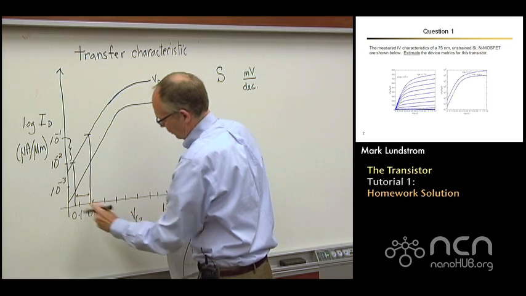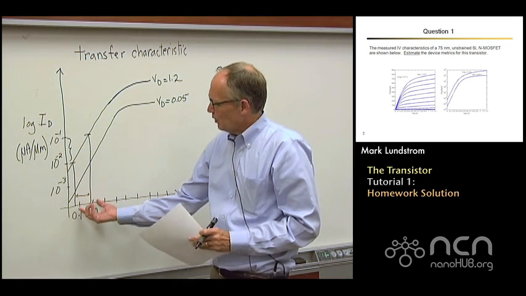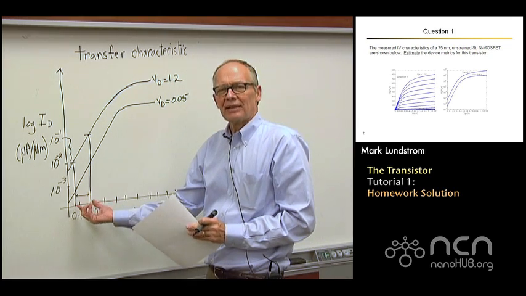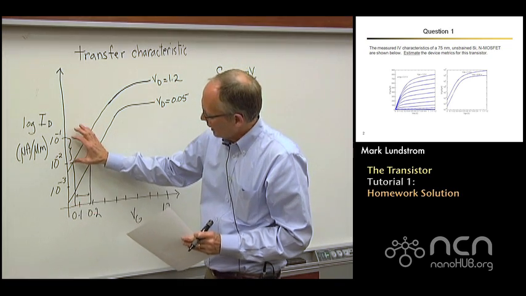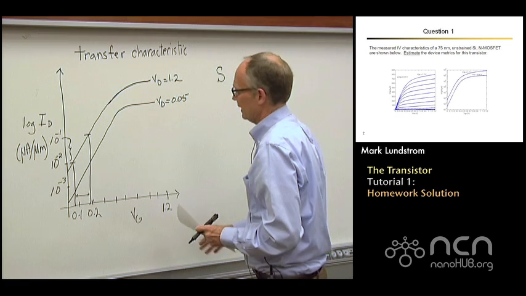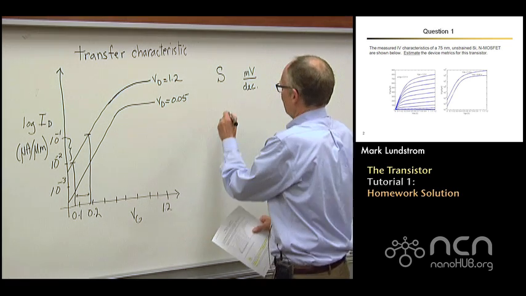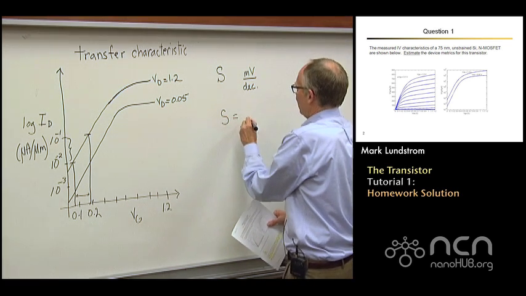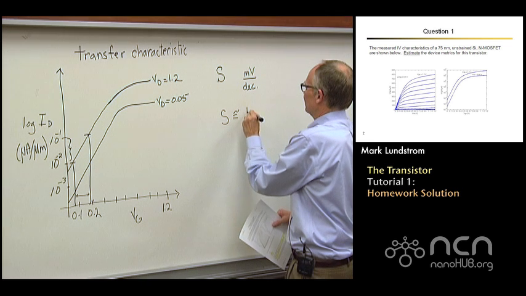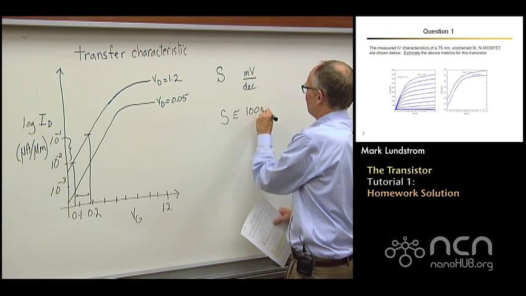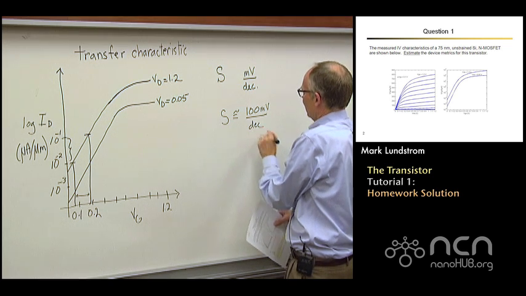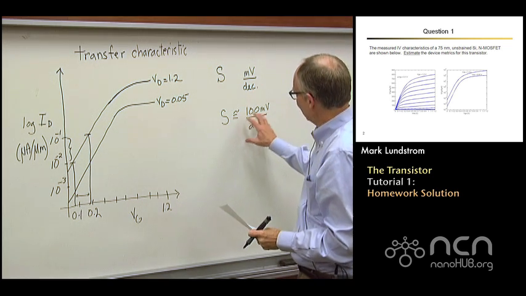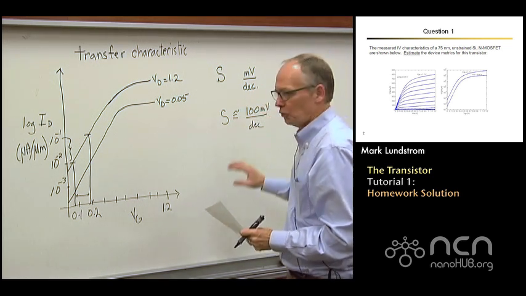If you eyeball this curve, it's a little bit less than 100 millivolts of gate voltage for a factor of 10 increase in drain current. So our subthreshold swing is roughly 100 millivolts per decade.